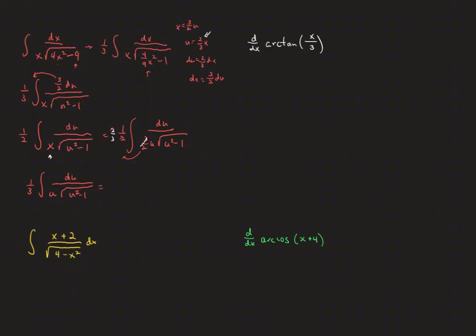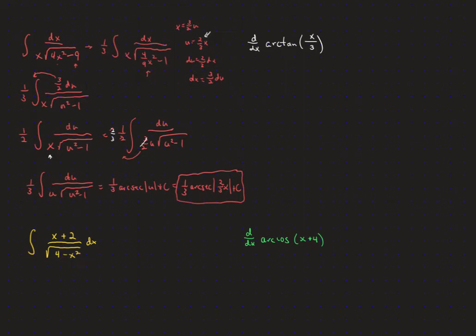That's the integral we were trying to get to, because that's going to be an arc secant. And remember, it's going to be an arc secant of the absolute value of u. And when we plug that in, but going back to x's, that's going to be the arc secant of the absolute value of 2/3 x plus c. Try not to infringe on the space that I'm going to need on the next problem.